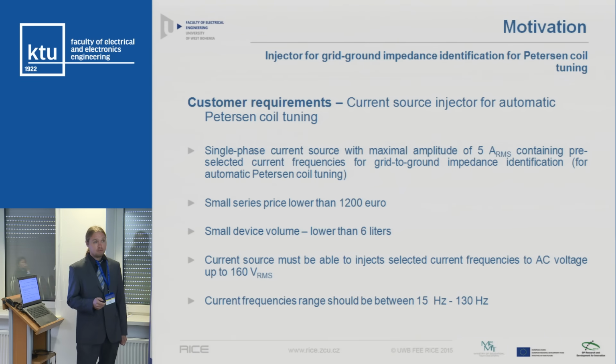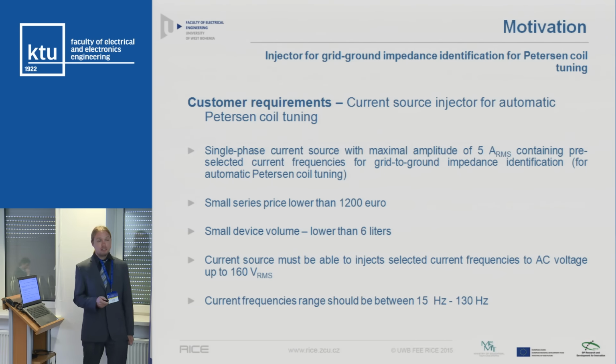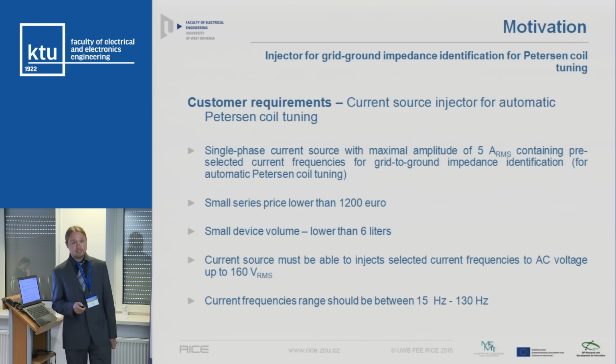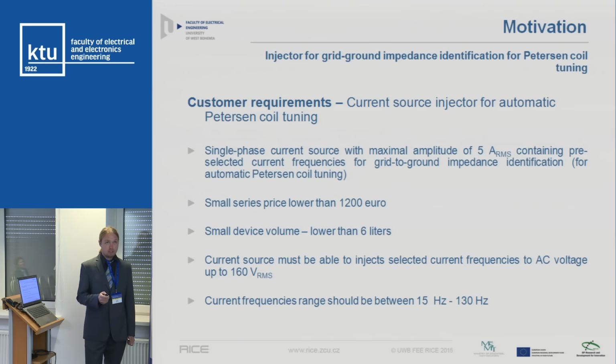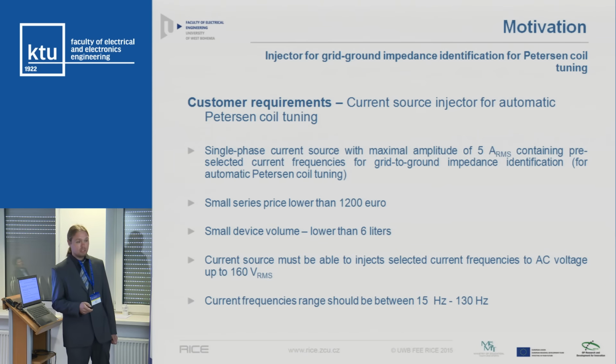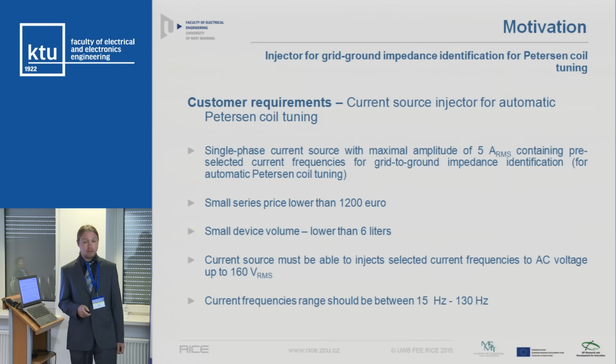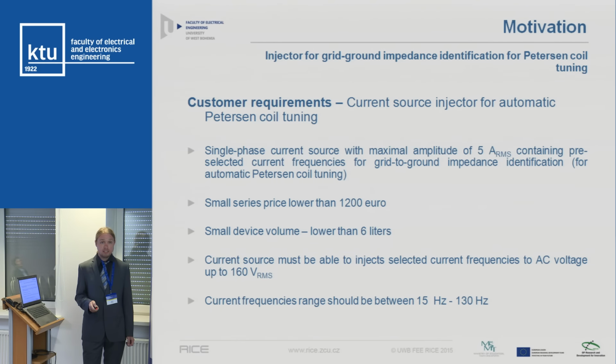The other requirements from our customer were a small series price lower than 1200 euros, a small device volume lower than 6 liters, and also our current source injector should work up to an AC voltage of 160 volts root mean square. The current frequency range should be between 15 Hz and 130 Hz.